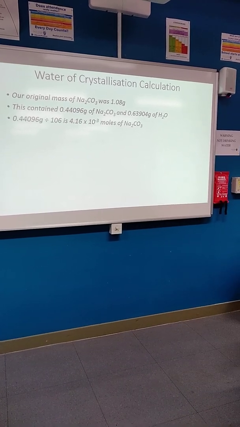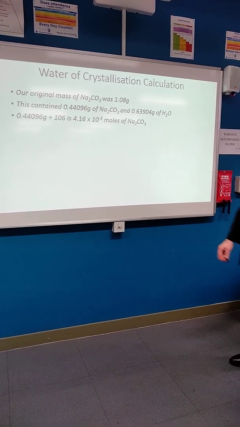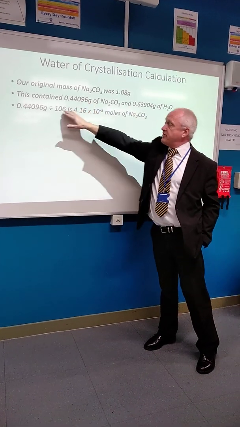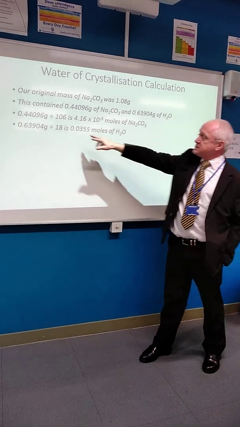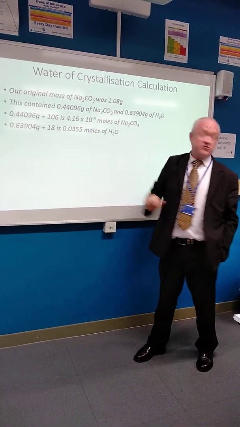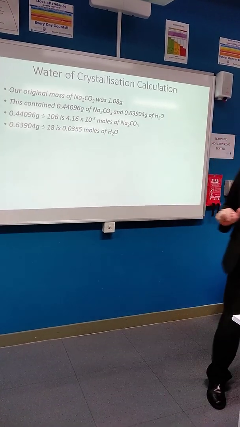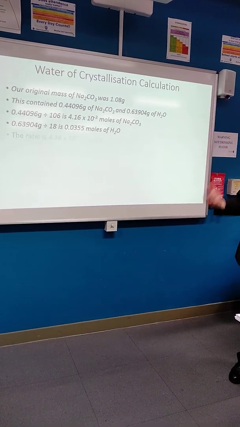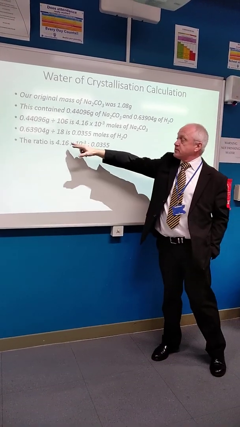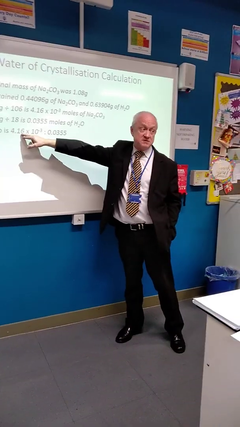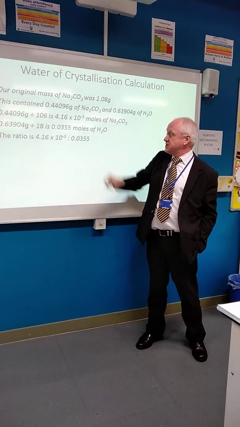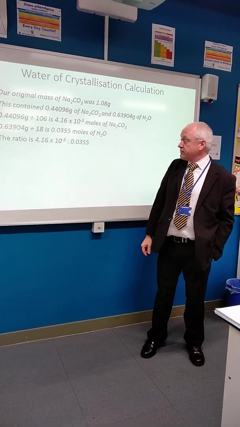Now, if we work out the moles of each, we just divide the mass by the MR, and that gives us the moles of sodium carbonate. The mass divided by the MR gives us the moles of water, and then, therefore, we know the ratio of sodium carbonate to water. 4.16 times 10 to the minus 3 is to 0.0355.